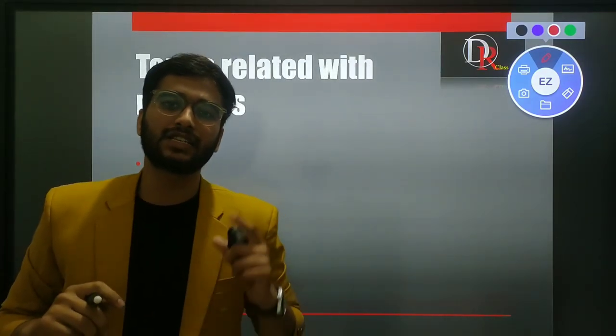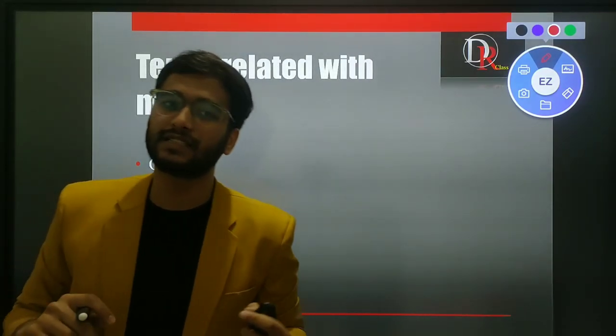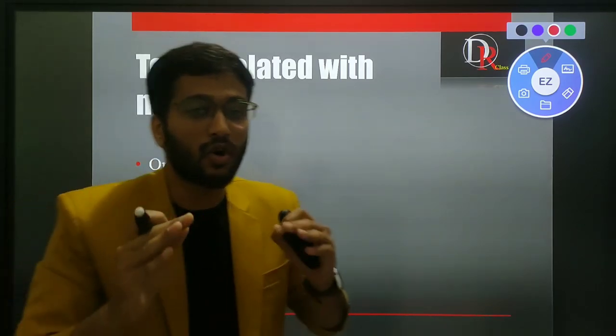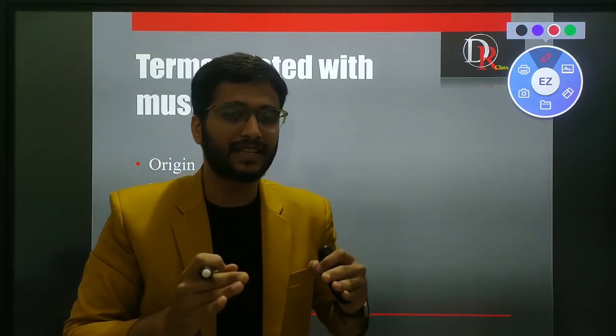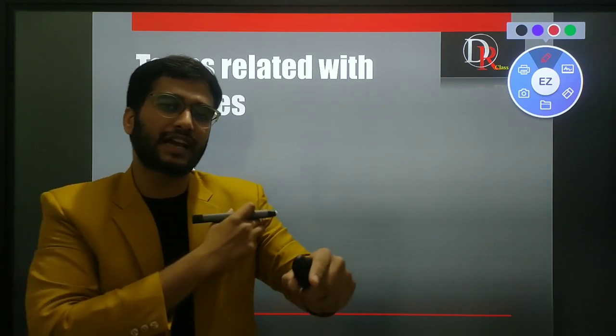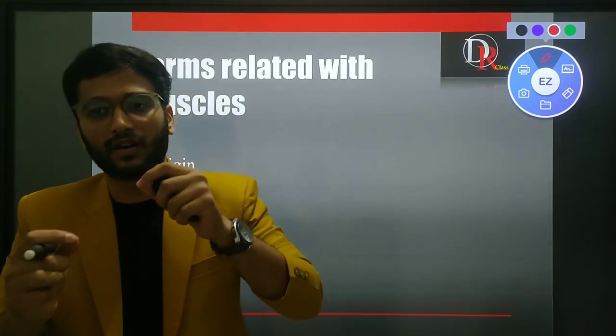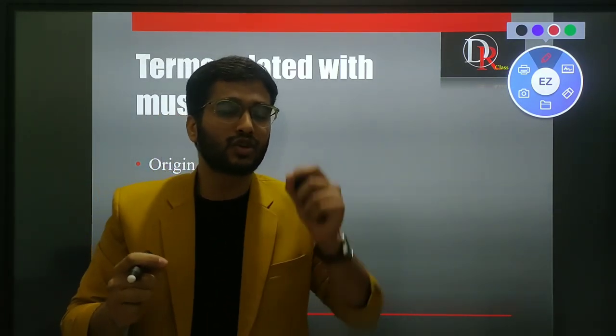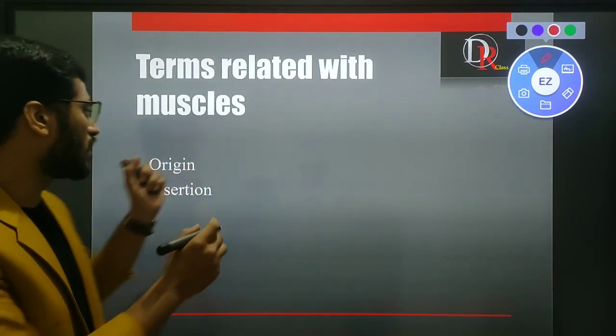The first one is origin, and the second one is the insertion. So origin and insertion of muscle is what? The muscle is fixed at one end, and the second end is movable. So the fixed end of the muscle is known as the origin.